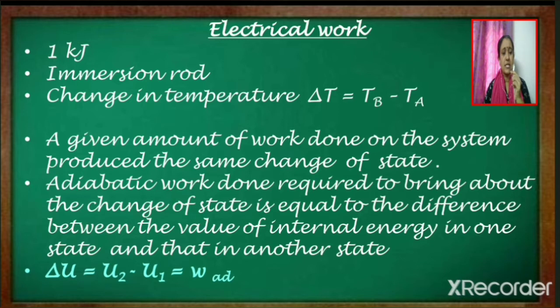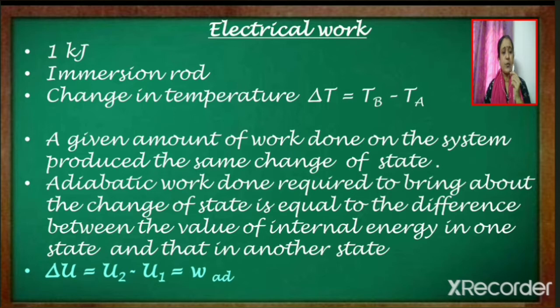It is found that a given amount of work done on the system produced the same change of state. So if the amount of work done is the same, then the system will be brought to the same final state. It is found that adiabatic work done required to bring about the change of state is equal to the difference between the value of internal energy in one state and that in another state.